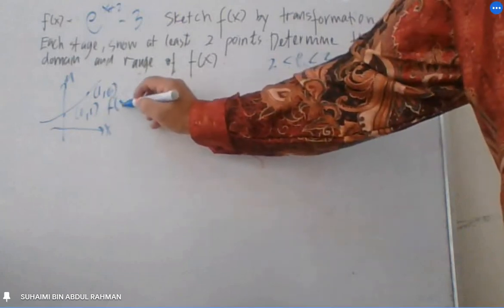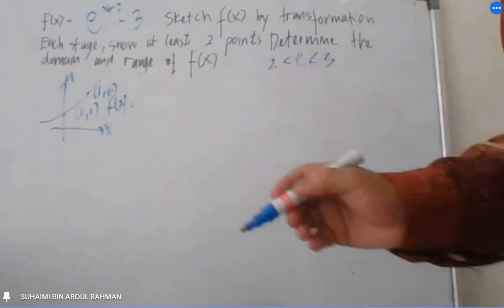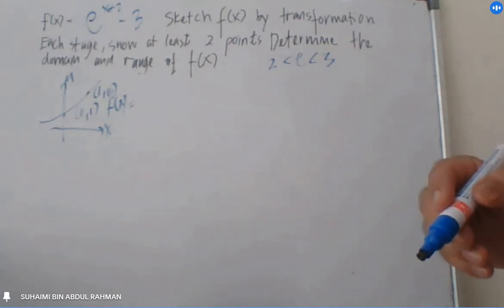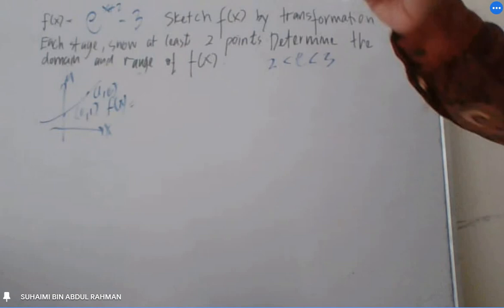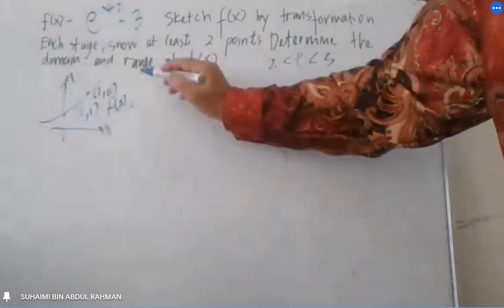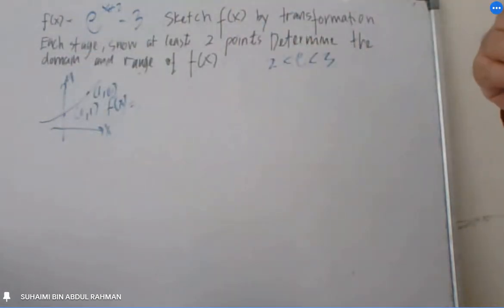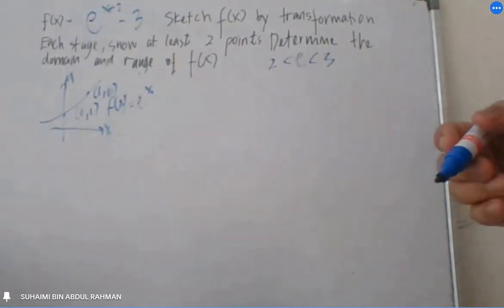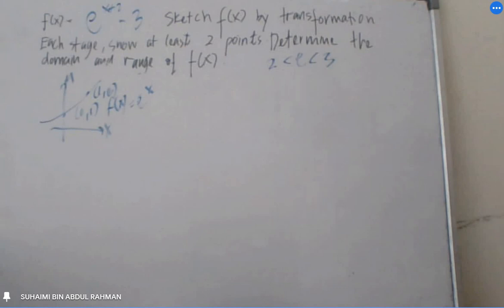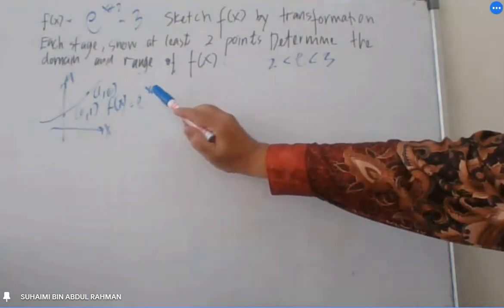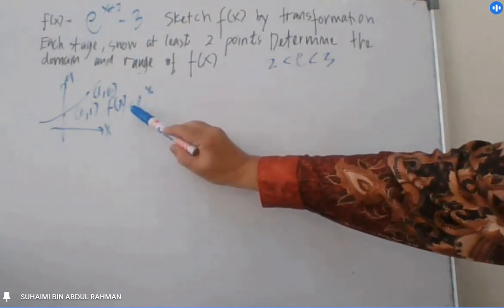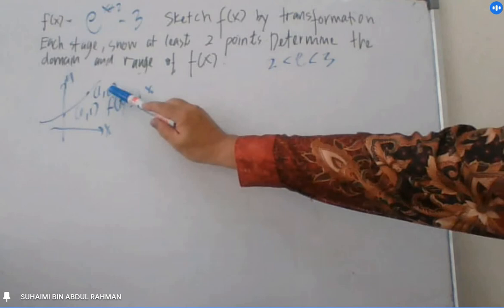And the function is the basic function. This is the basic graph, e to the power of x. That's why 1, e, because when we substitute x with 1, the value of f(x) or y is e.